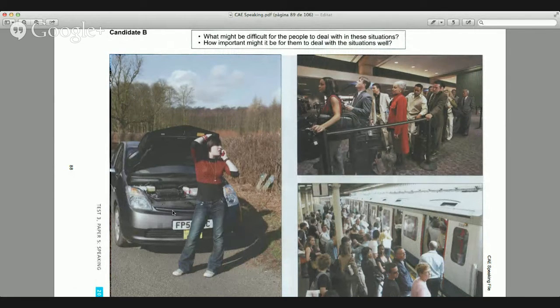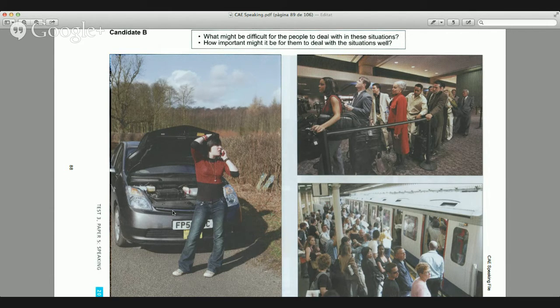In the first picture, the girl has to deal with a difficult situation because if she doesn't know about a mechanical problem, she can't deal very well with the situation, and for her it's very important to be able to go to her parents.